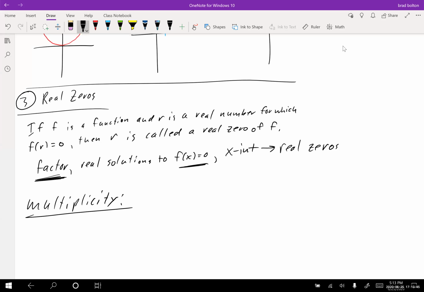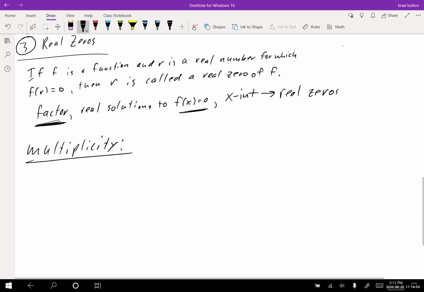Let me give you an example. Let's say I have x plus 2 cubed times x minus 1 squared times x plus 5 to the 7th, and let's say this equals p of x.